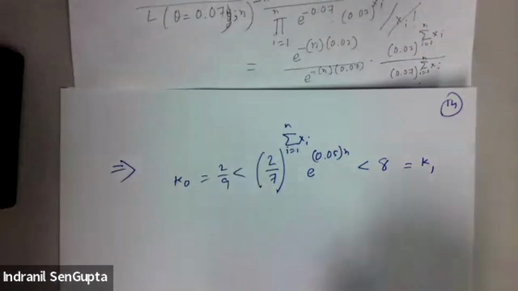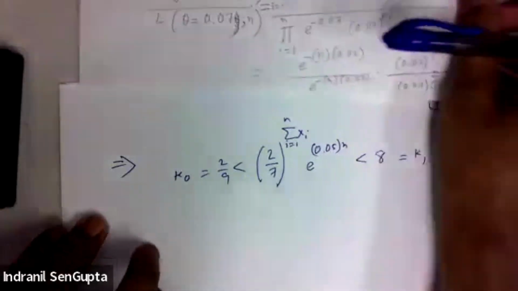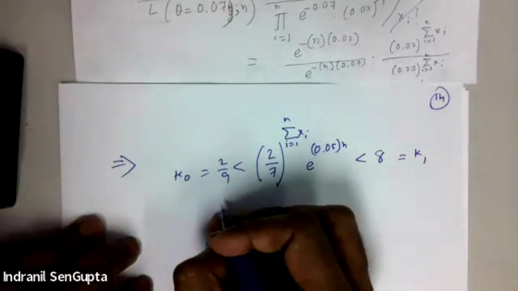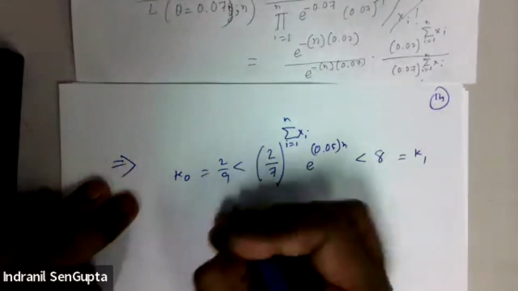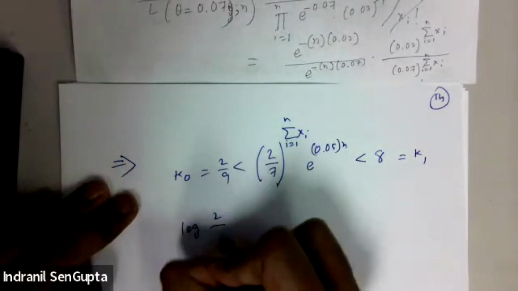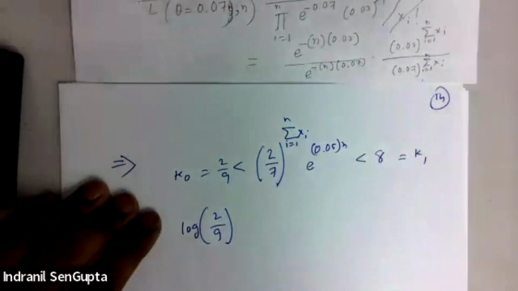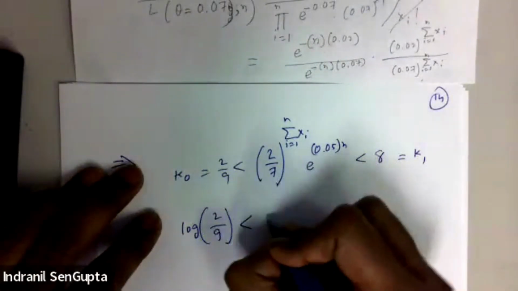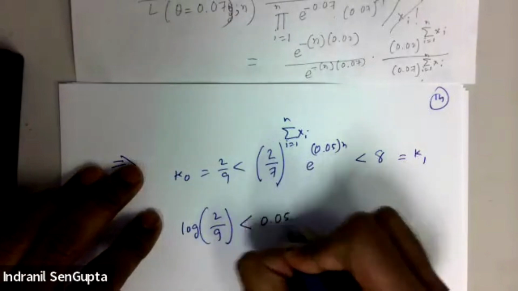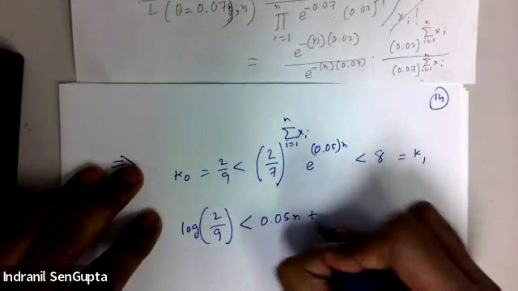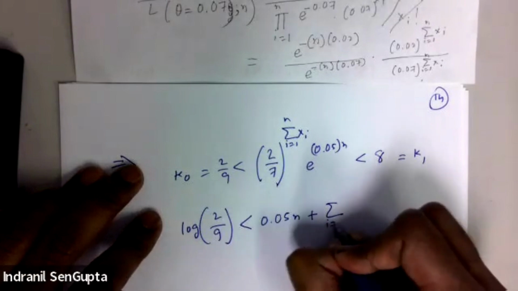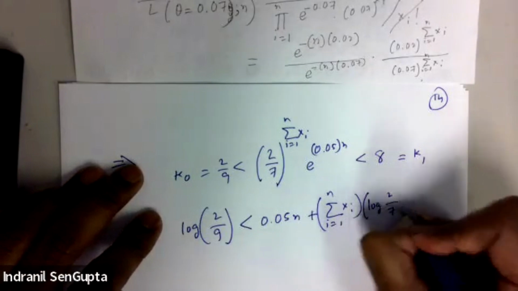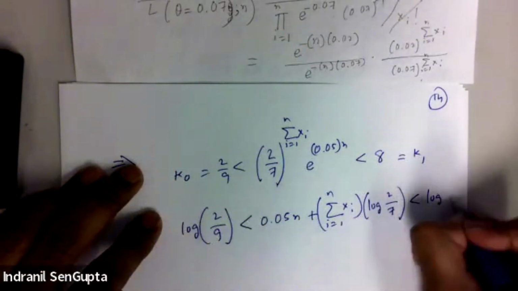So if I take the logarithm, that's pretty much it, right? This is the test. Now, if I take the logarithm, I'll have log of 2 over 9 is less than 0.05 n plus summation i from 1 to n of xi times log of 2 over 7, less than log of 8.